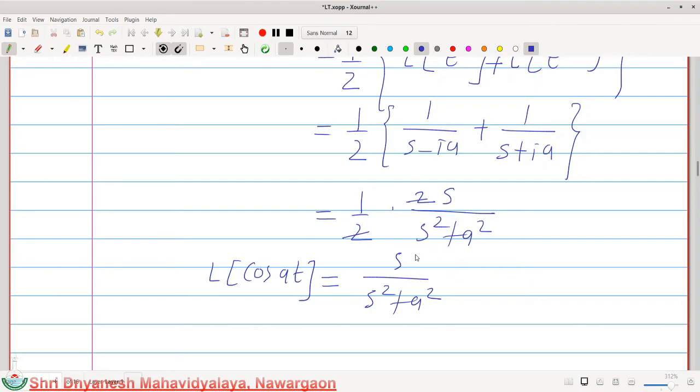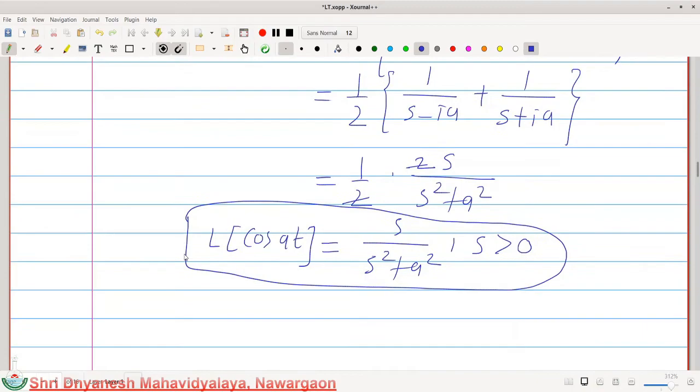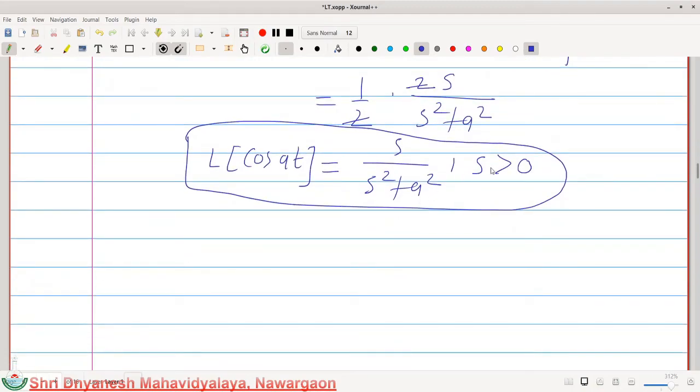Okay, s is greater than 0. You do remember this formula. Okay, if you are not able to find why I am writing s is greater than 0, you can ask, or I will tell you this in the next video.